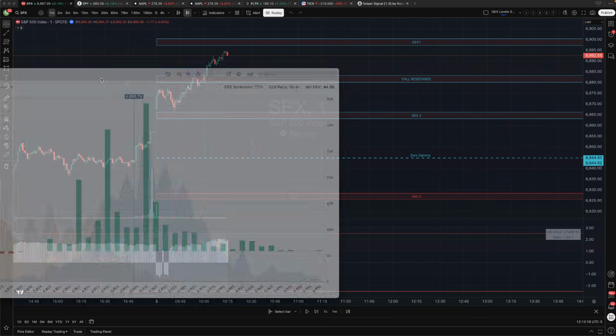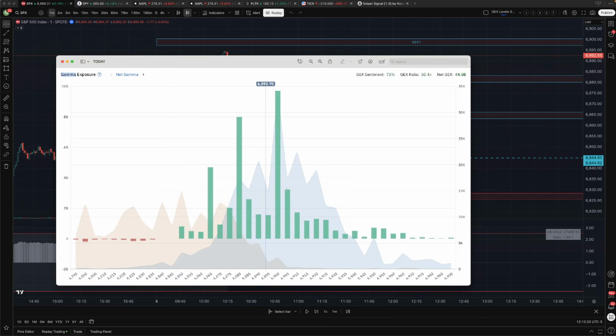And as you can see, GEX just drops off after that level.